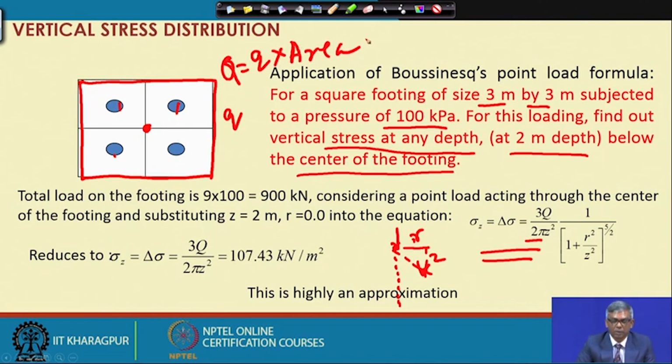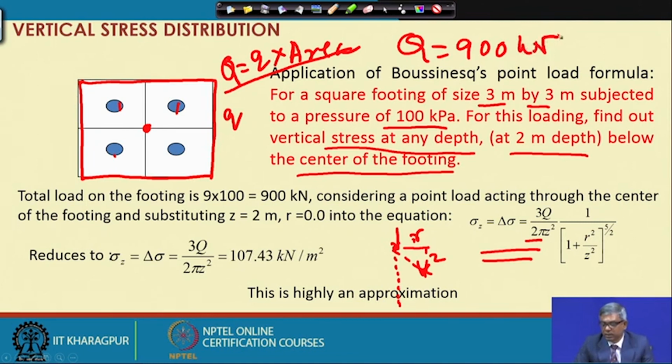The area is 3 into 3, 9 meter square, and 100 is the intensity. So ultimately Q becomes 900 kilonewton. Now with this 900 kilonewton load that I can assume as Q, and z is mentioned as 2 meter below the foundation.